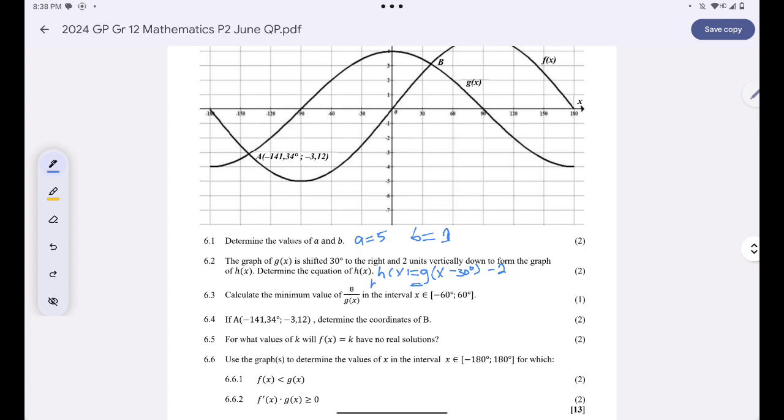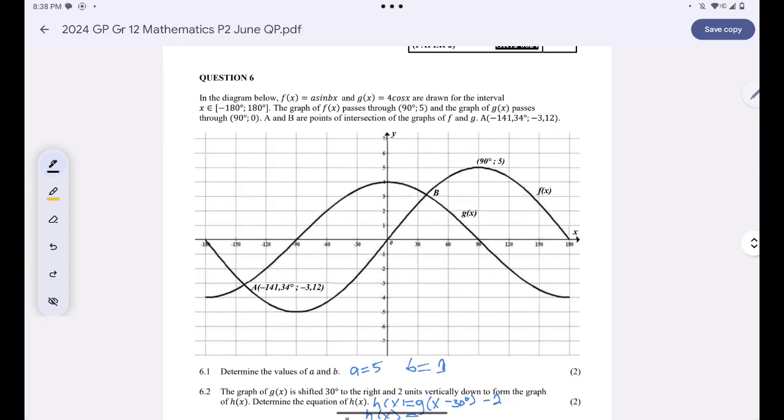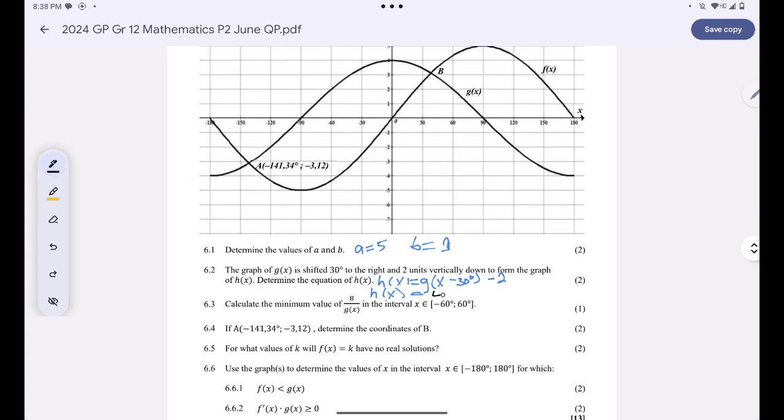So this thing simply means that h of x is equal to 4 cos x minus 30 degrees minus 2.